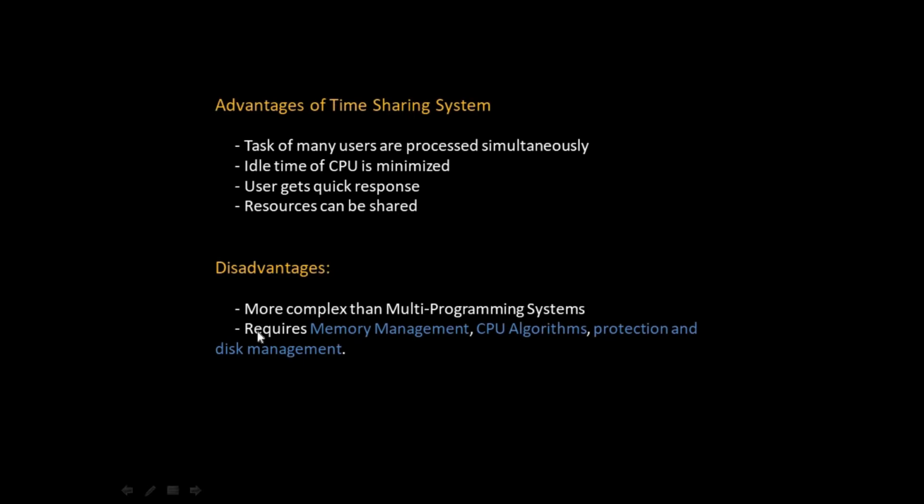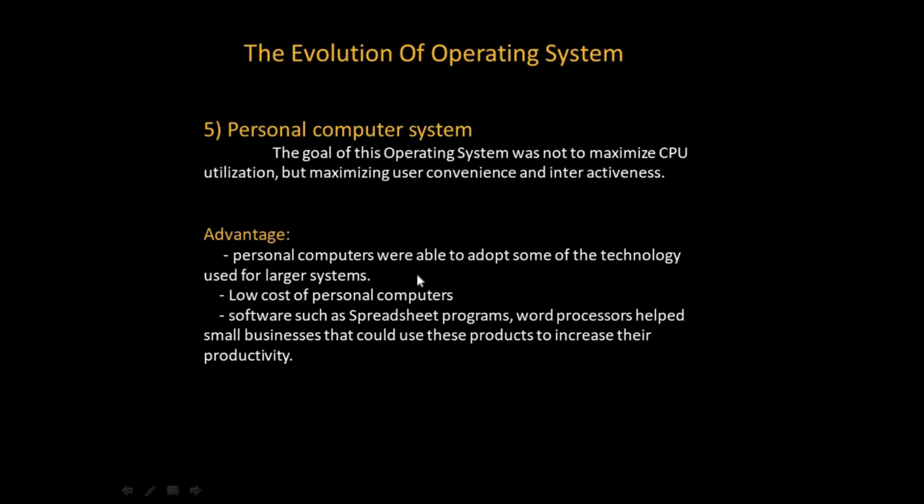One of the disadvantages is that it is more complicated to implement than the multi-programming system. Another disadvantage is the time sharing system requires memory management, CPU algorithms, protection, and disk management, which makes it more complex.